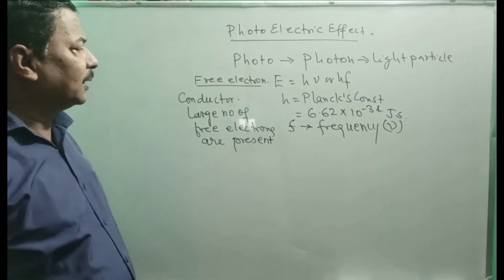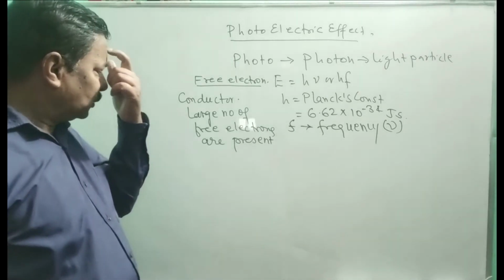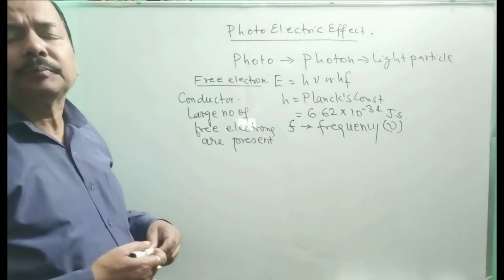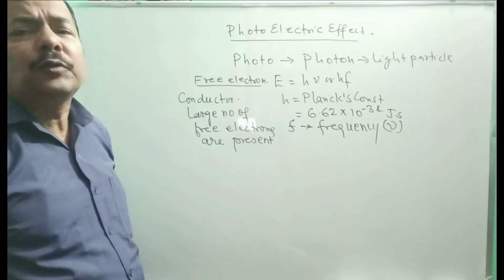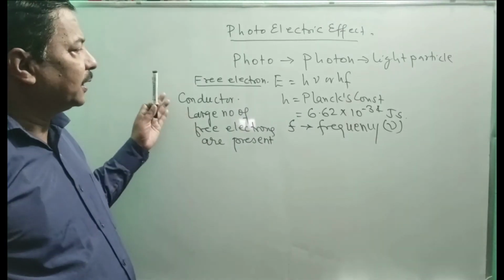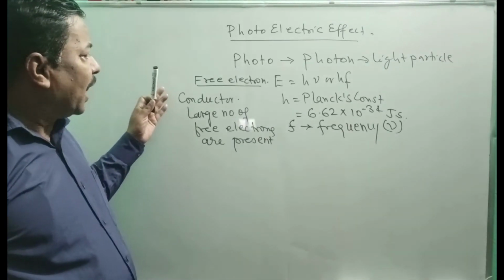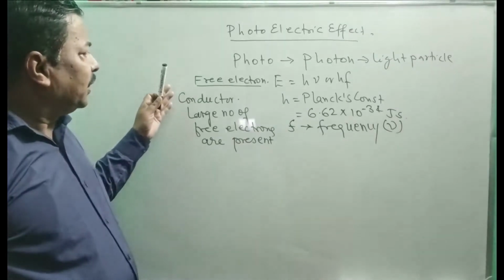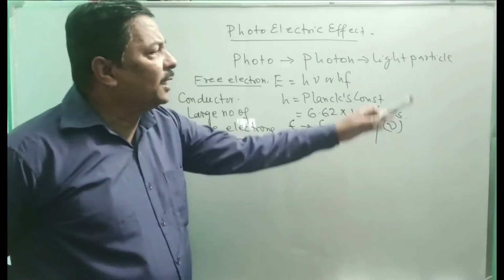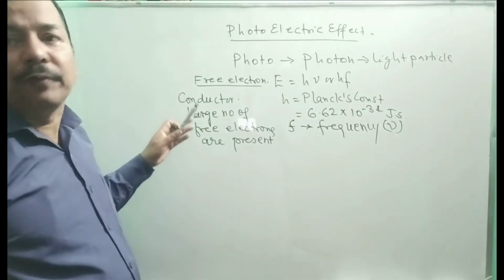A substance is conductor because large number of free electrons are present. So what is free electron? Free electron is a type of valence electron which is free to move inside the lattice of the substance. Suppose there is a metal surface, this board is a metal surface, and one atom is here, then its free electron, that valence electron which is free to move inside the lattice of this metal, that will be constituting your free electron.